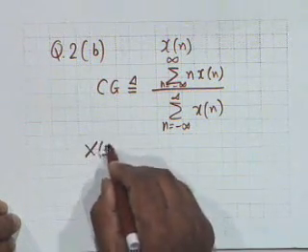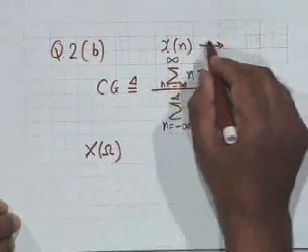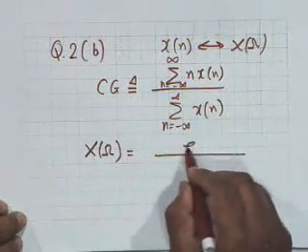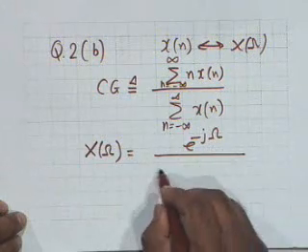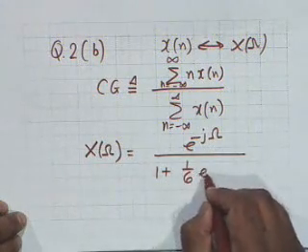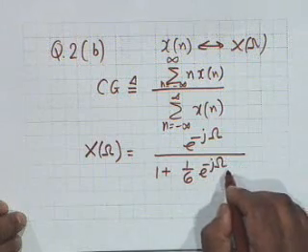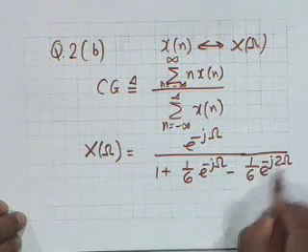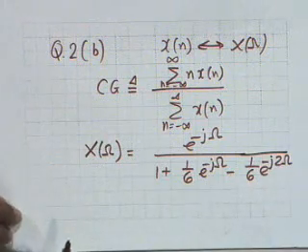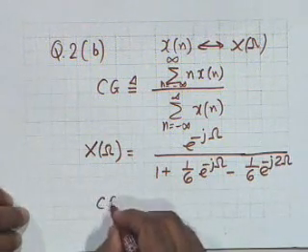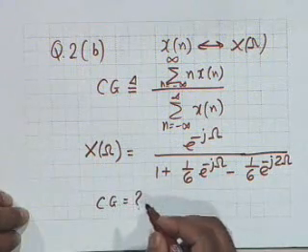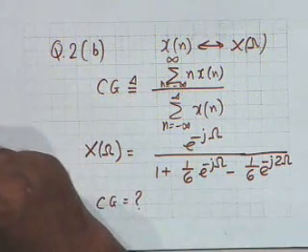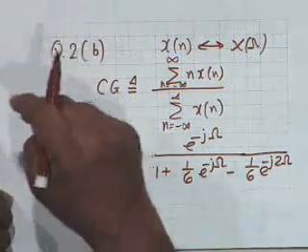If the DTFT of the signal x of n, capital X of omega, is given as e to the minus j omega times 1 plus 1/6 e to the minus j omega minus 1/6 e to the minus j 2 omega, then you have to determine the CG of this signal without finding x of n, even though this was specifically mentioned.